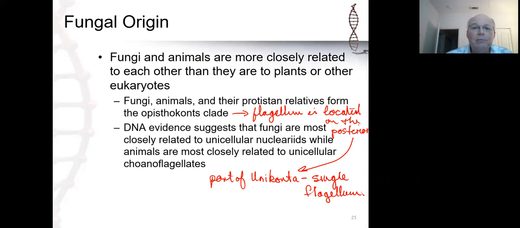But given that the protist relatives of fungi and the basal groups that are thought to be part of fungi, and certainly chytrids, which are true fungi, all have a flagellated stage, that reinforces the fact that they are descended from a flagellated protist ancestor. And if we go back far enough, it's a flagellated protist ancestor that is shared in common with animals.